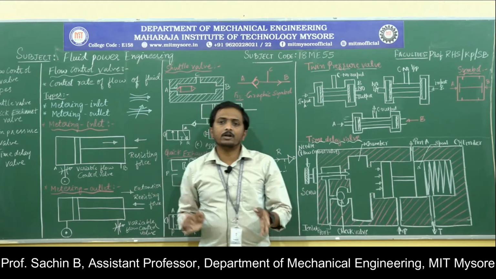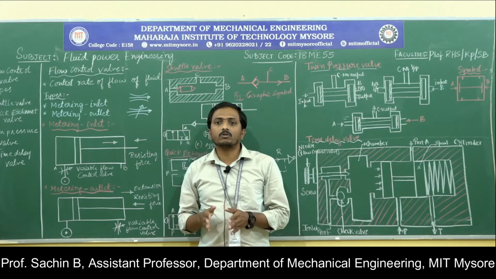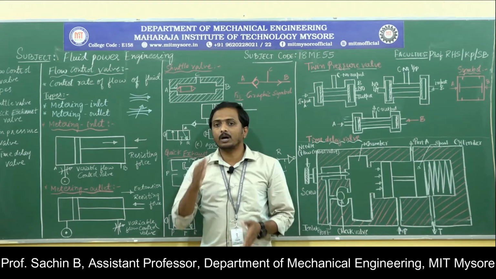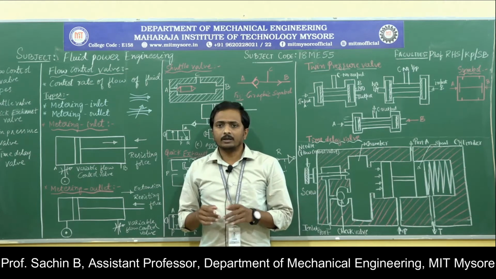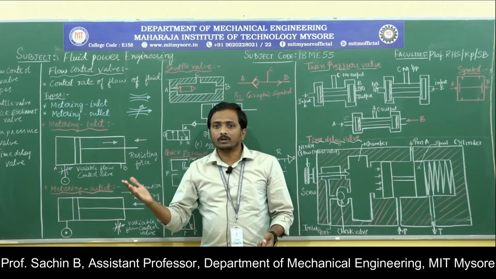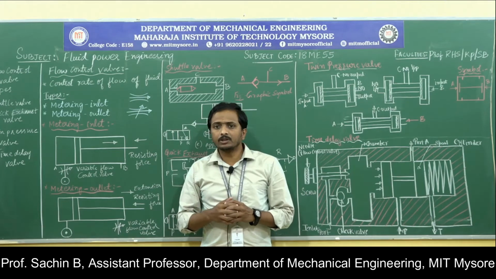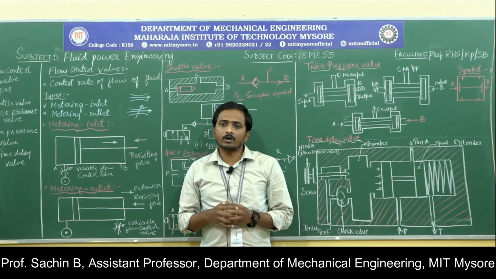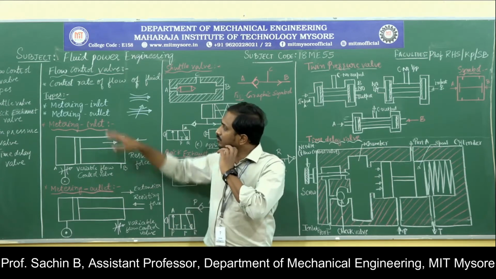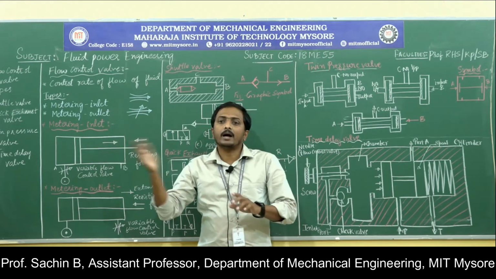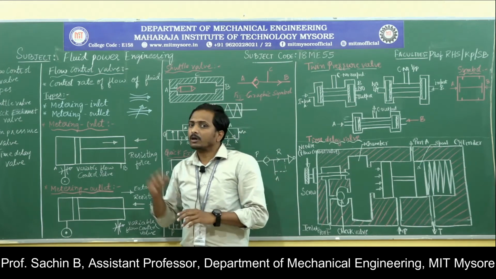Here we are controlling the amount of liquid flowing into the cylinder at the inlet or at the outlet, and both cases are also possible by using the reverse free flow type of variable control valve. But in your syllabus we have only two types, that is metering inlet and metering outlet type of flow control valve.